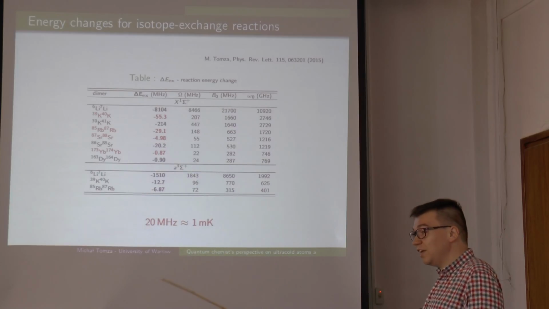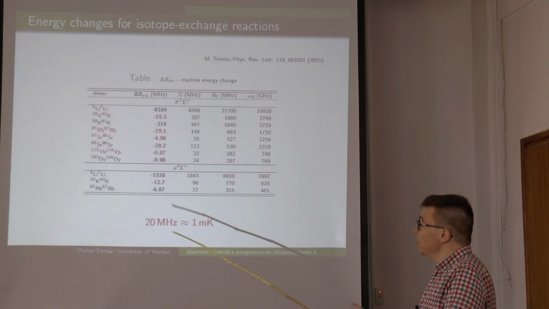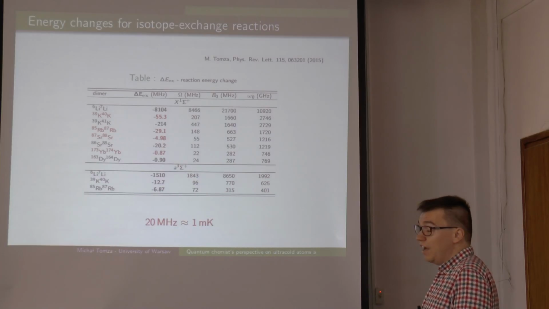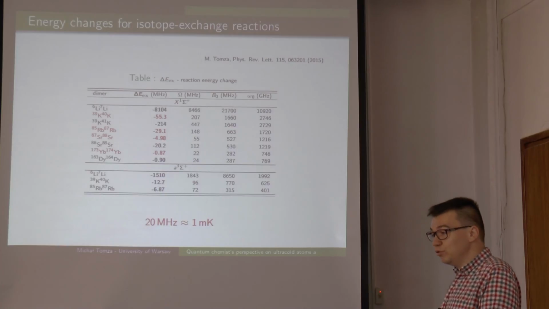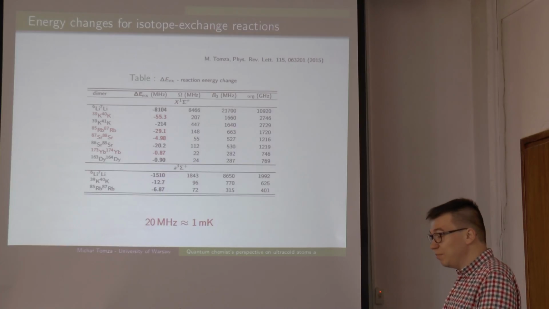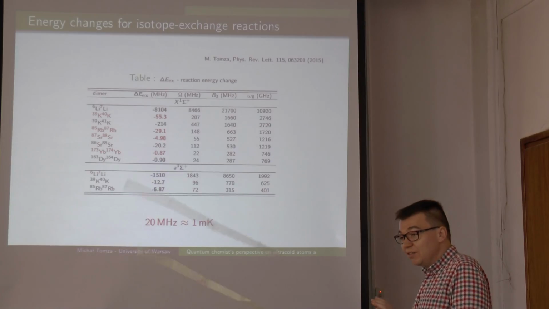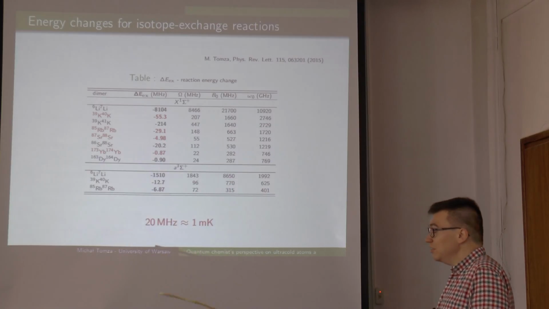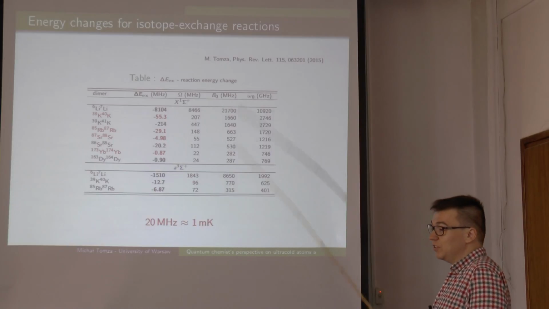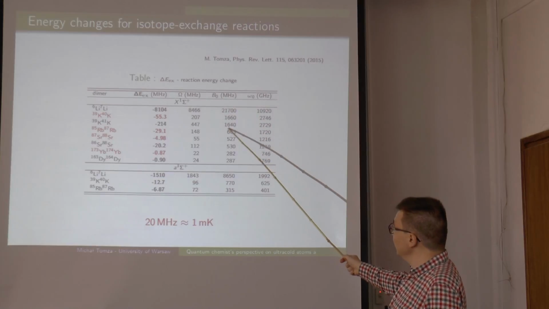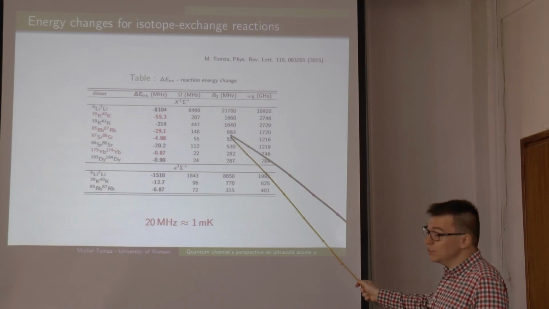So the products are already in the ultra-cold regime, because our definition of ultra-cold is below 1 millikelvin, and the traps that can be used for trapping these molecules can have depths up to a few millikelvins. So already at the beginning we are in the regime where we can hope for trapping the products. Now, when we compare these energies released to the rotational constant, we can see that the rotational constant is much, much larger.